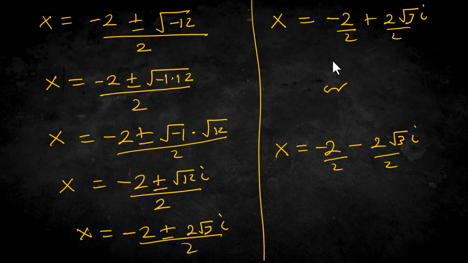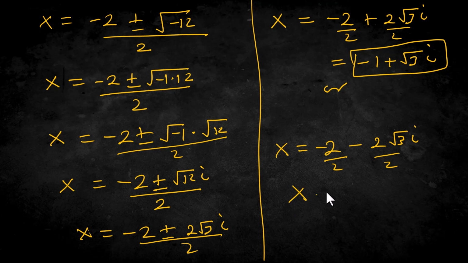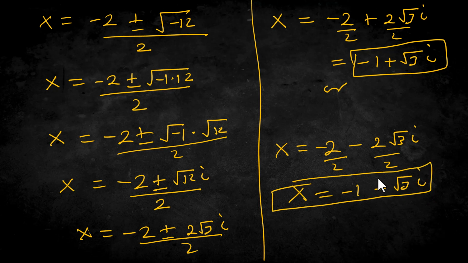So this side will be minus 1 plus root 3 i, and this side will be minus 1 minus root 3 i. So we have 3 answers: x equals 2, and x equals this, and x equals that. All right.